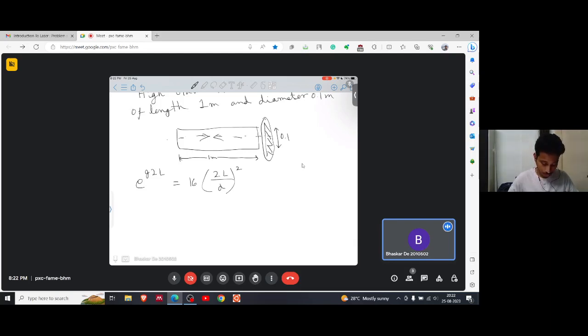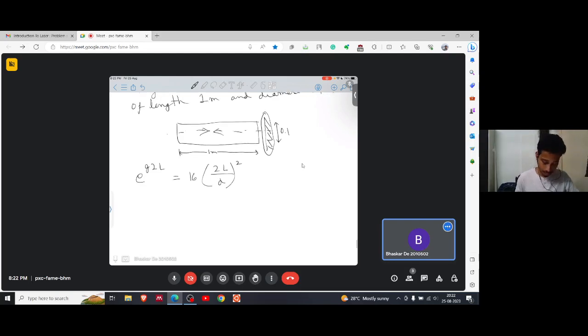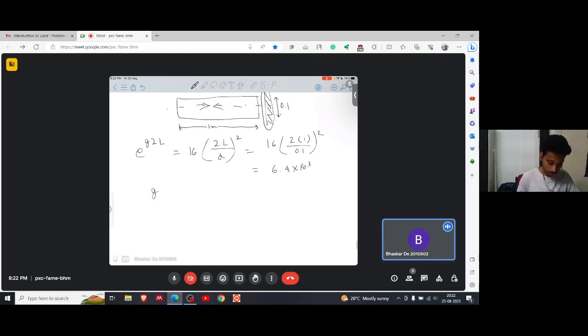So we can use this formula and write 16 multiplied by 1 over d whole square, then 1.1 square, 6.4 into 10 to the power 3. So g2l equals ln of 6.4 into 10 to the power 3, which is equal to 8.76.